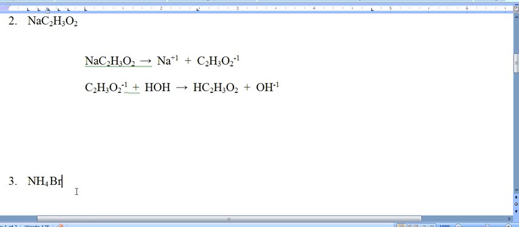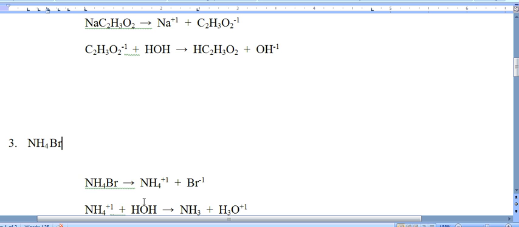In other words, if it's a strong acid or a strong base, it wants to dissociate 100%. So there's nothing that's going to reattach itself to that strong. However, if it's a conjugate of a weak, then it wants to either give away a hydrogen or take on a hydrogen, depending on if it's an acid or a base. Well, in this case here, the ammonium is a conjugate of a weak base, which you should know as ammonia, NH3.